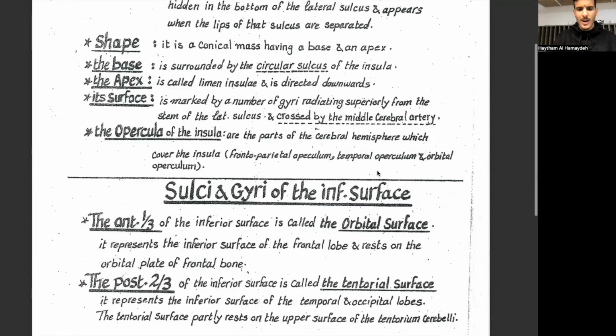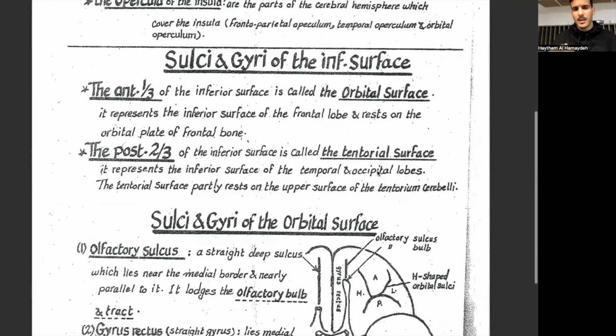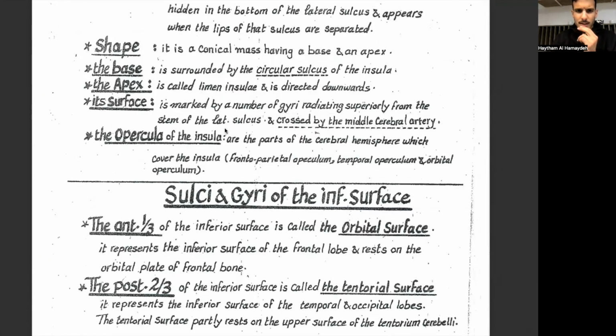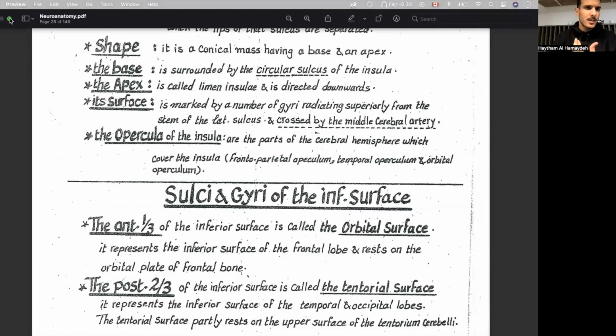And so you have to know the parts of the insula, or the gyri of the insula.